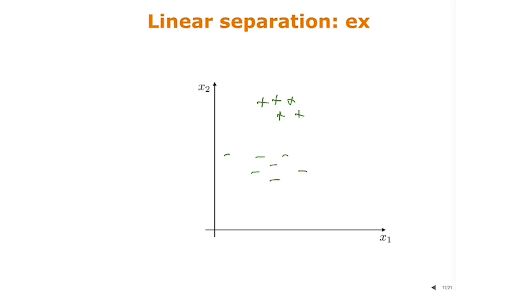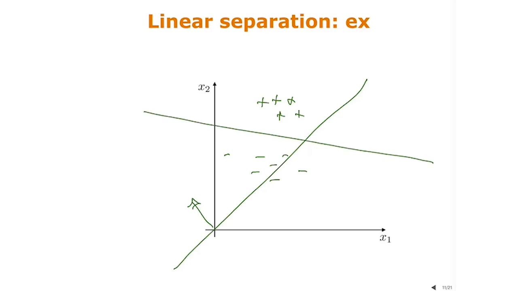If we try to draw one, it would always misclassify some. But as a training set, it is still linearly separable. No longer through the origin, but there is a linear classifier with that offset parameter that now correctly classifies those examples.